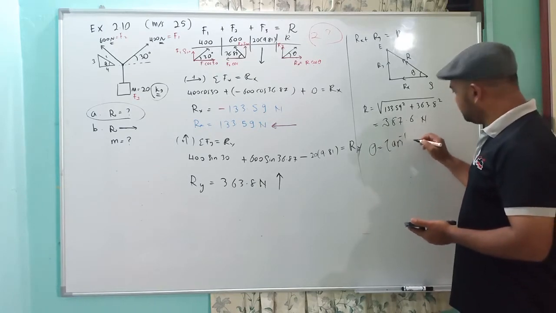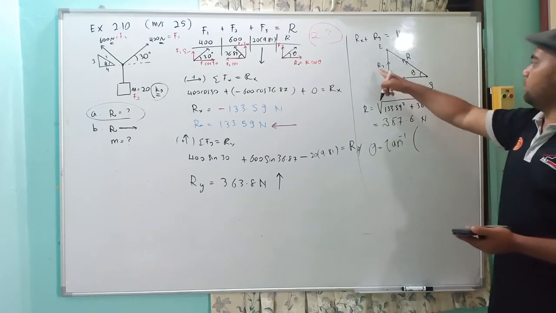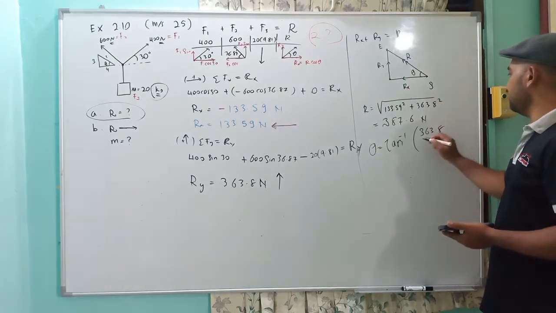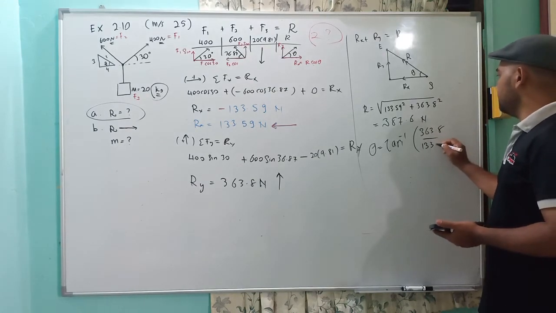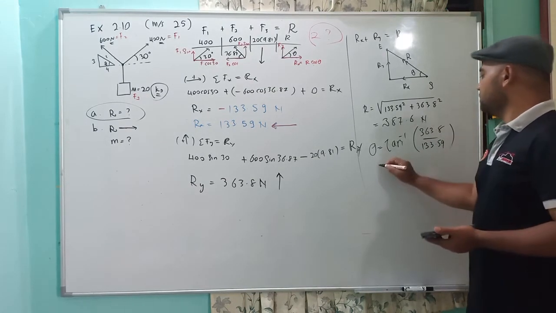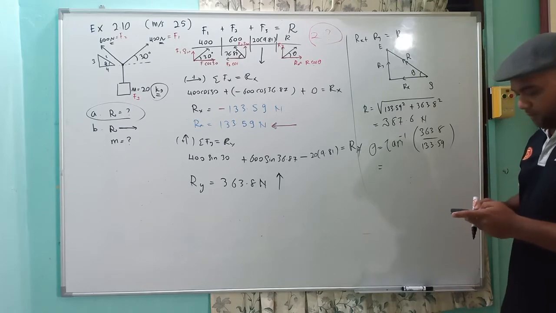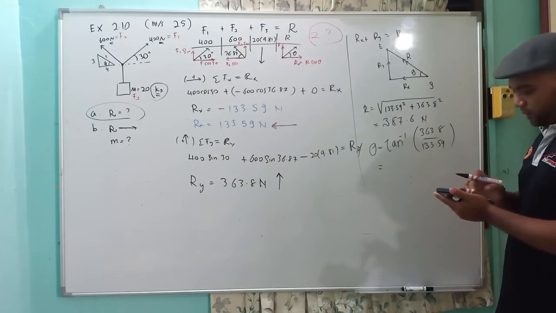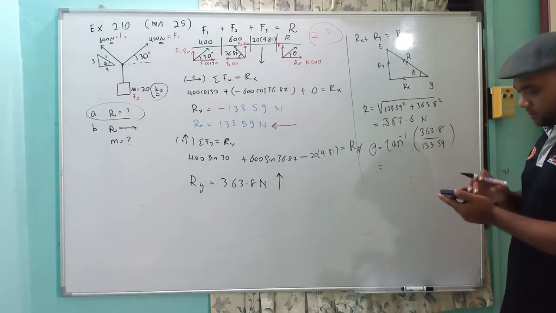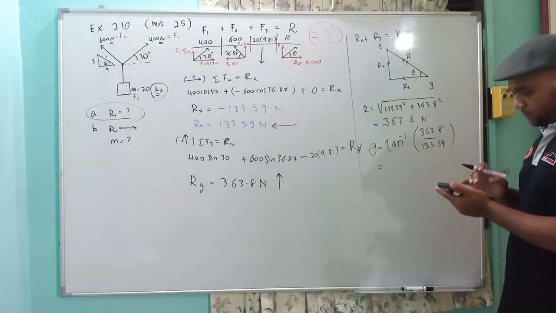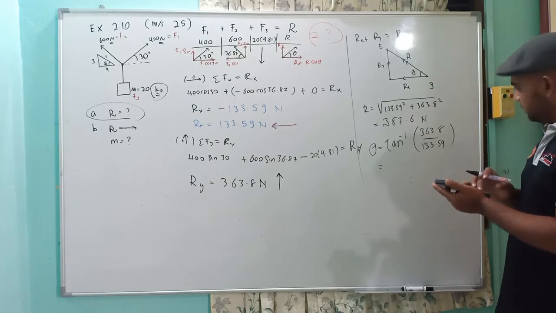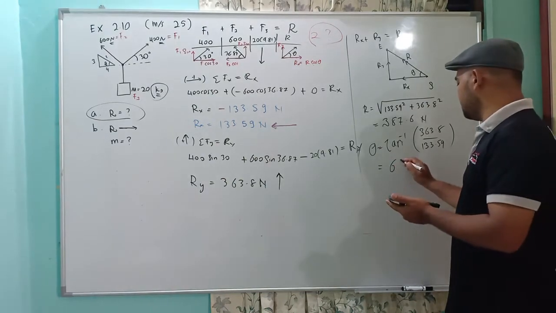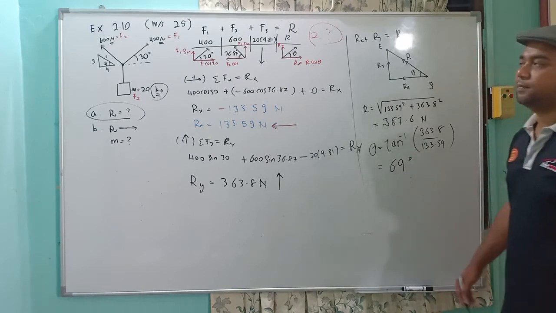And the theta equal to tangent minus 1, y divided by x, so you have 363.8 divided by 133.59, so you should have tangent minus 1 of 363.8 divided by 133.59, so you have 69 degree.